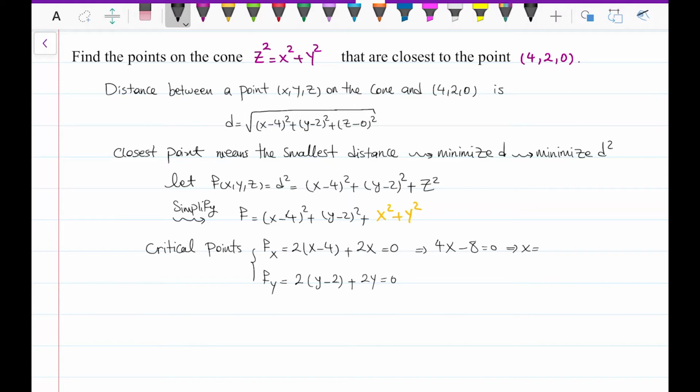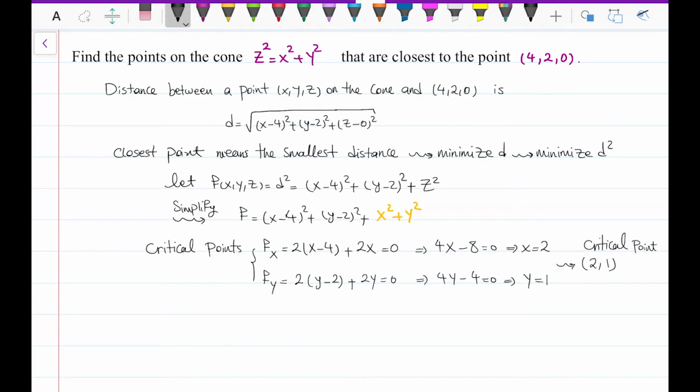In that case, x is equal to 2. On this part, 2y plus 2y, so 4y minus 4 is equal to 0. So y is equal to 1. So the only critical point that I got is the point (2, 1).